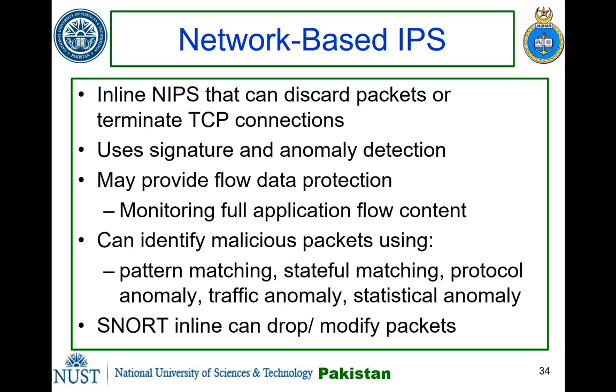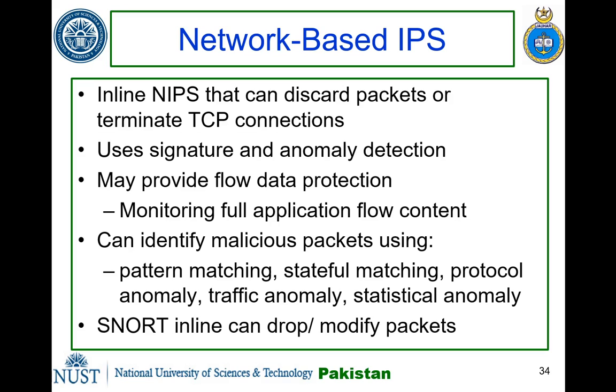Among the techniques used in a NIPS but not commonly found in a firewall is flow data protection. This requires that the application payload in a sequence of packets be reassembled. The IPS device applies filters to the full content of the flow every time a new packet for the flow arrives.